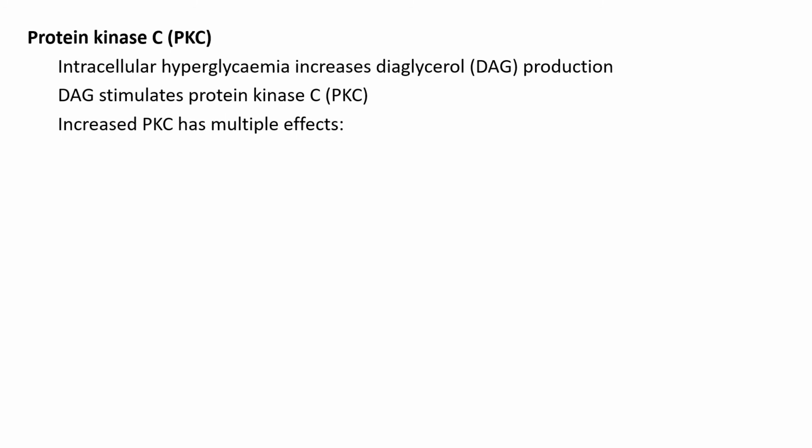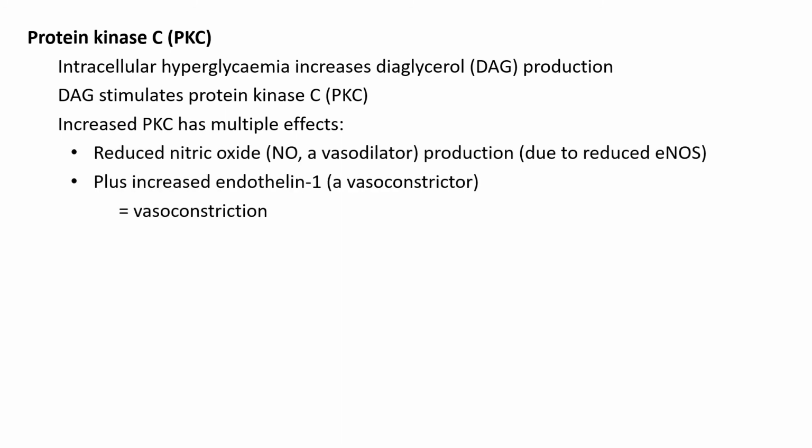So we have the potential for lots and lots of different effects if PKC is increased. One of these is vasoconstriction. Now, vasoconstriction in this case is caused because PKC reduces nitric oxide production.